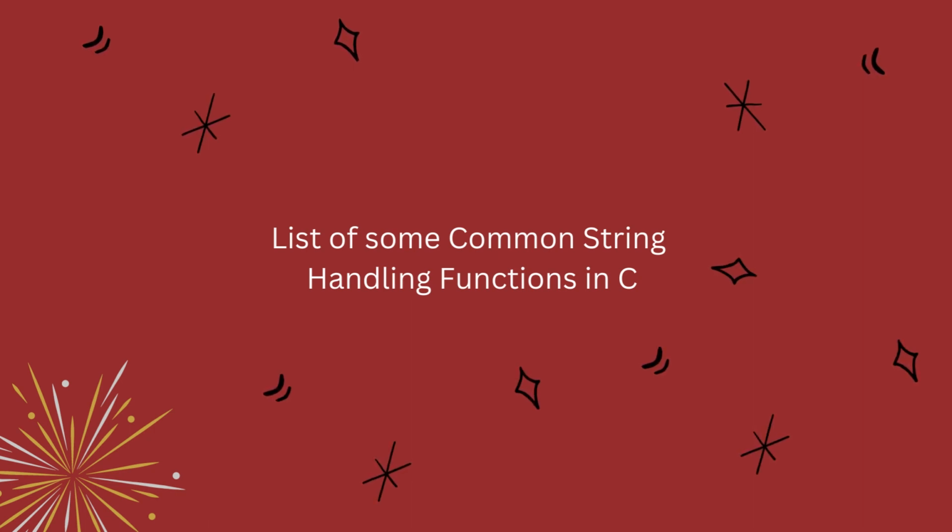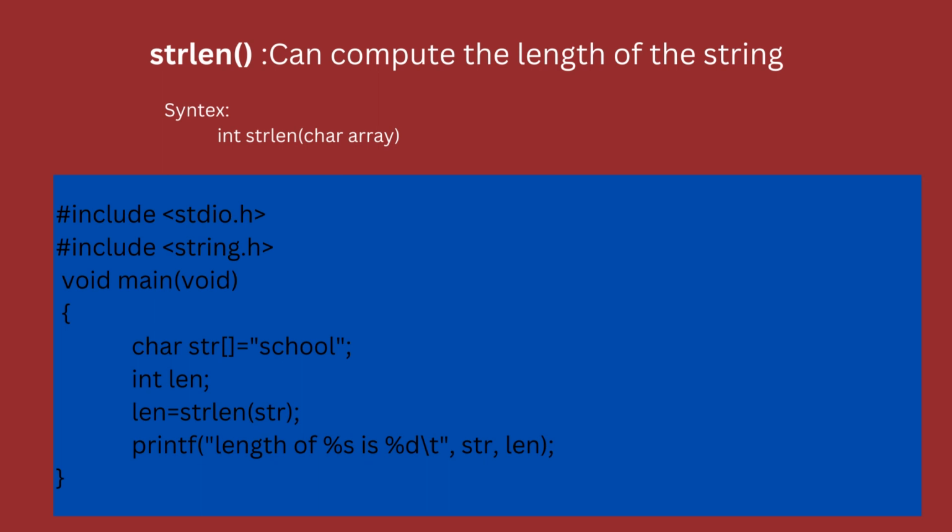There are a number of functions which are used to manipulate or use a string type of variable. So let's see one by one how the functions work, what the syntax is, and how we will use it in a program. The first function that we need to know is strlen.